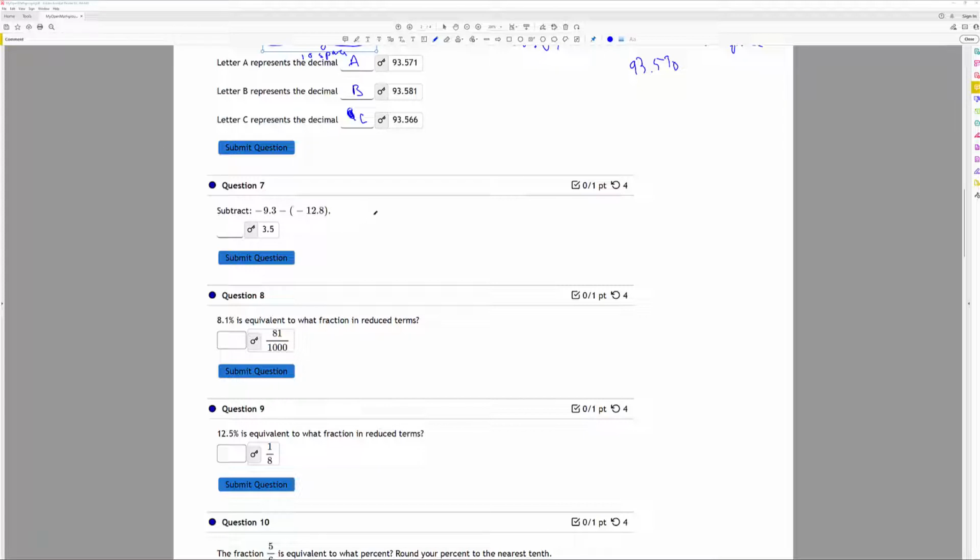So for this one here, we can rewrite it as a negative 9.3 plus a positive 12.8.